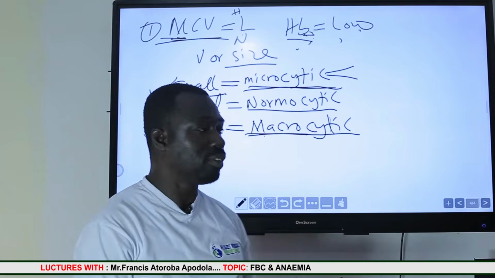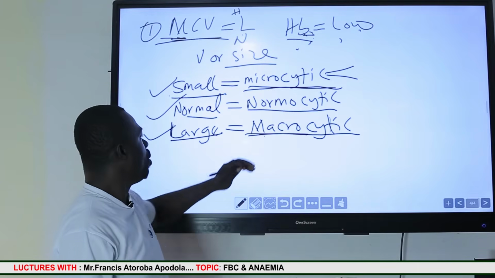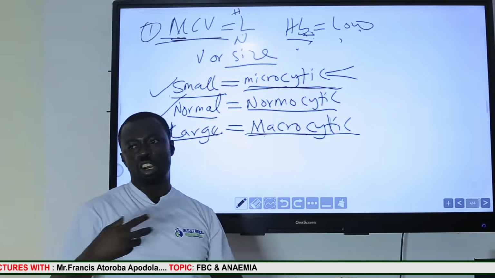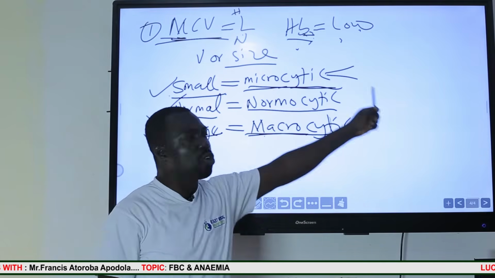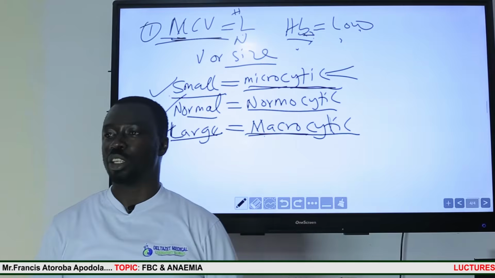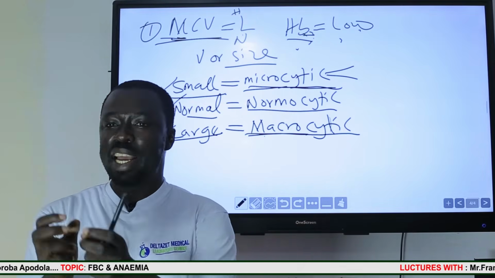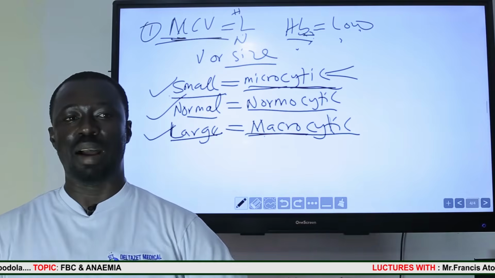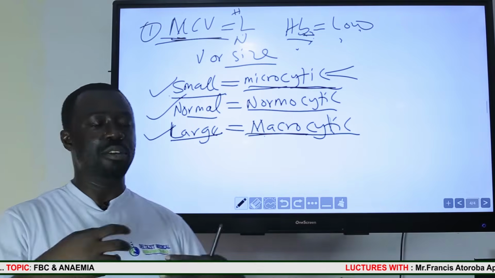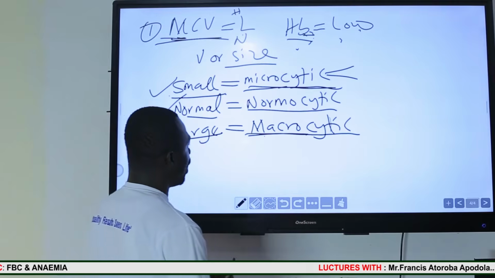Are we together? Good. So now, if you want to look at the causes of microcytic anemia, we want to find out what is causing microcytic what? Anemia. Why are the red blood cell sizes becoming smaller in the face of this kind of what? Anemia.